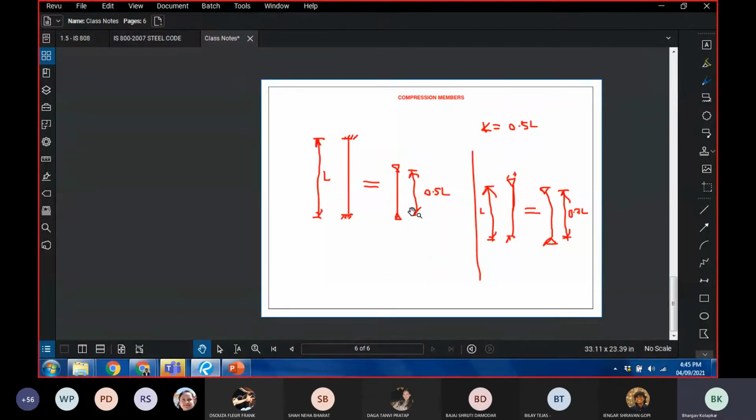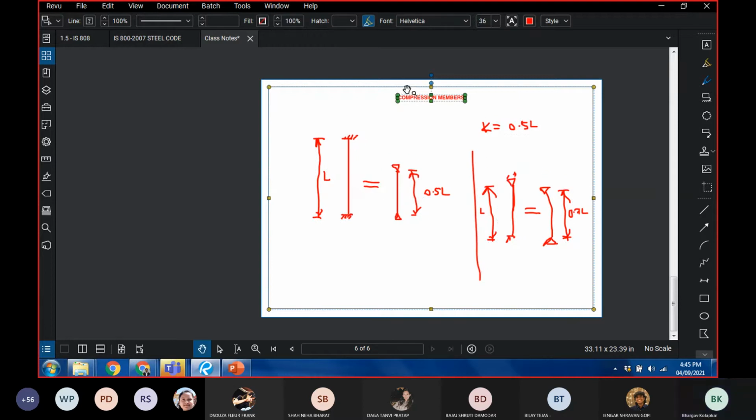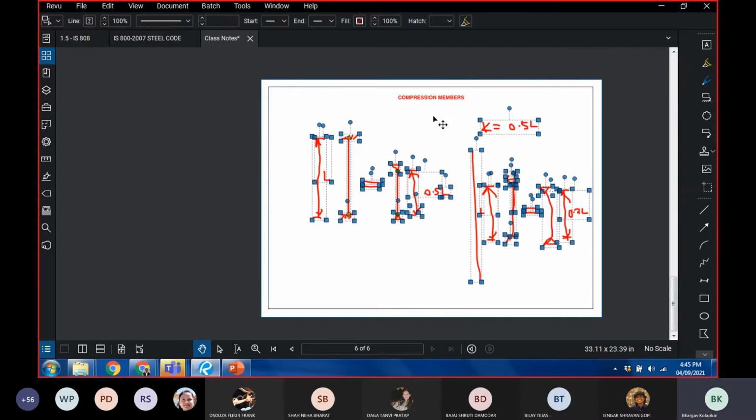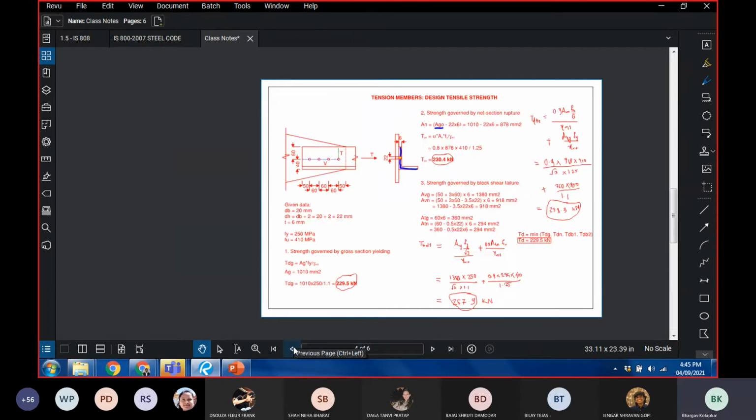Determine the design actual load on the column section ISMB 500, given that the unsupported height of the column is 6 meters.